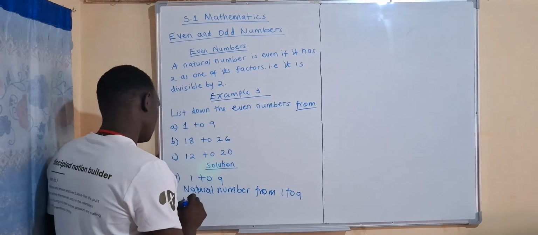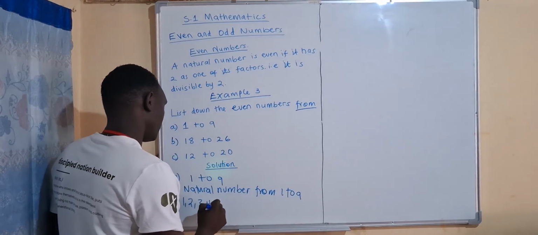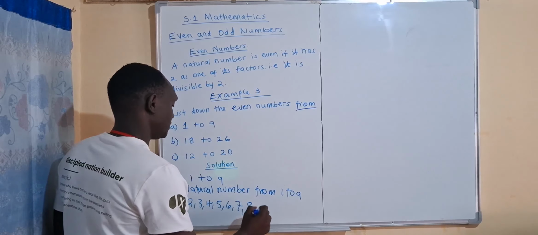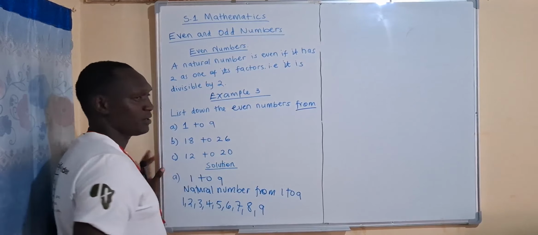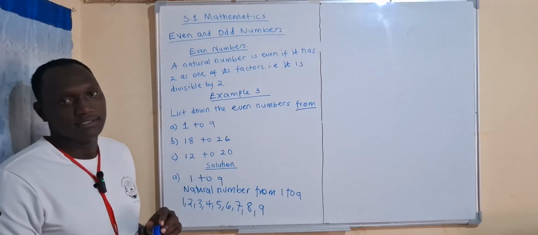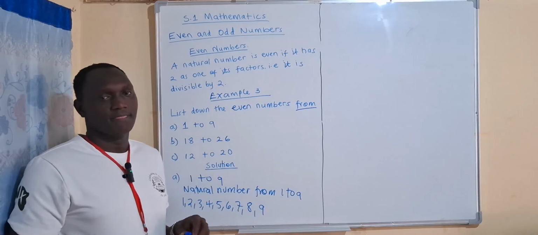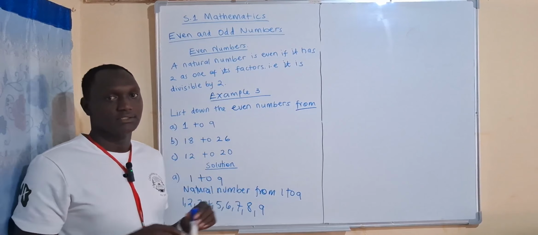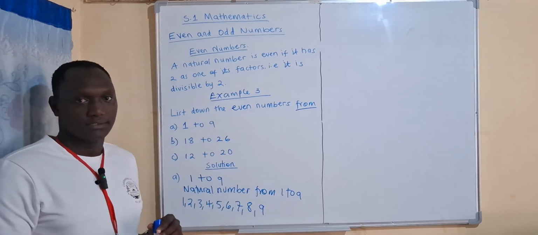This will be 1, 2, 3, 4, 5, 6, 7, 8, and 9. From 1 to 9 means 1 and 9 are inclusive.